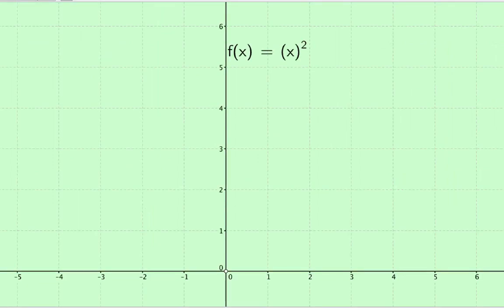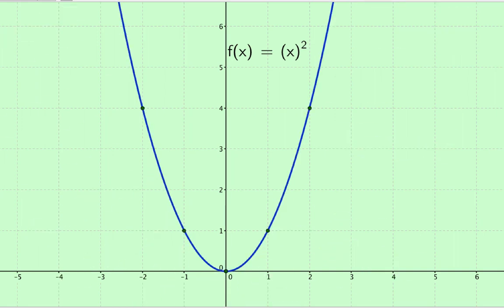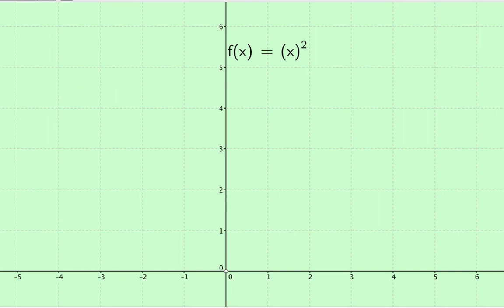Let's quickly look at f of x equals x squared again. So here comes my magic pen, and at x equals 0, it has its minimum. You can see that here is where it becomes 0. But now, let me make a function that's very closely related to that, and that would be f of x equals (x minus 1) squared. What does that look like?